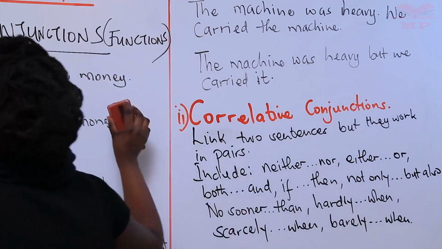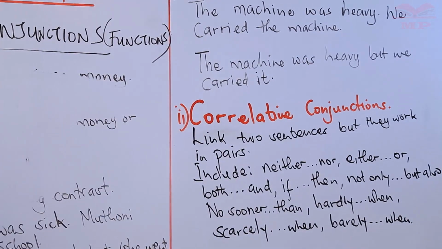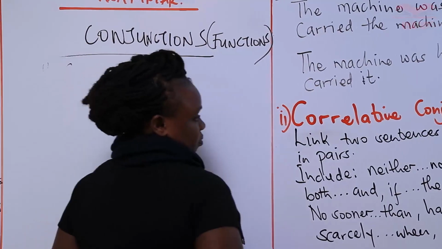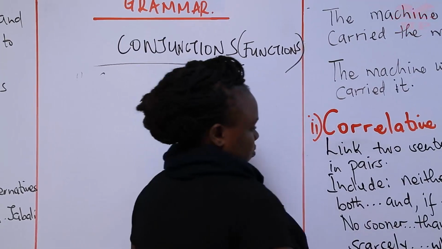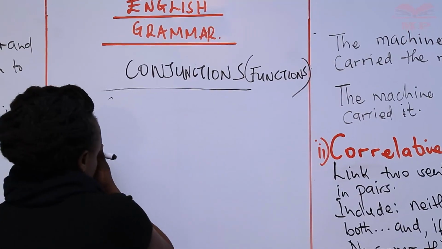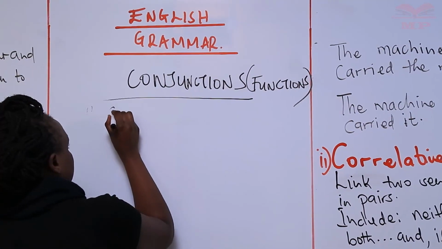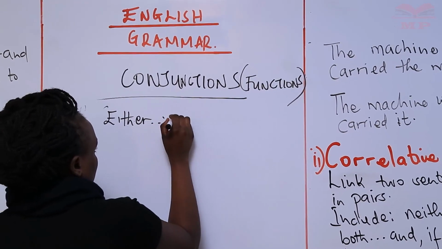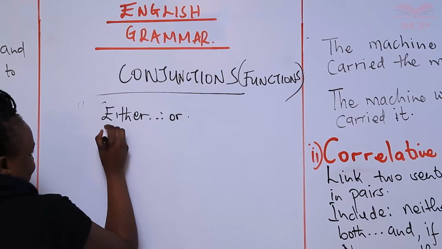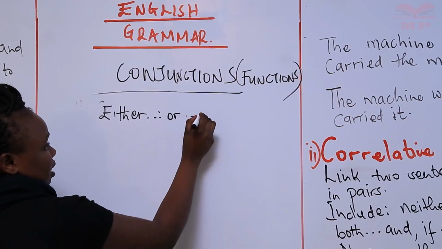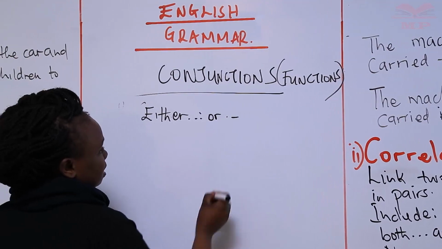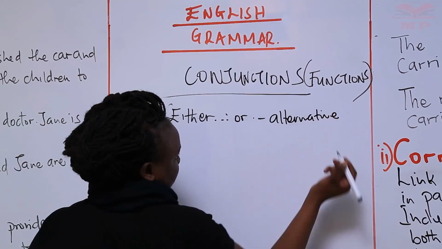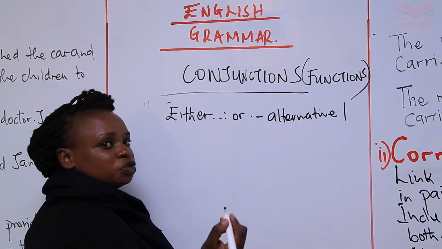Now, an example in a sentence. For example, if you're given either or, so in this case, either or will give alternatives. Okay, it gives you an opportunity to choose an alternative.